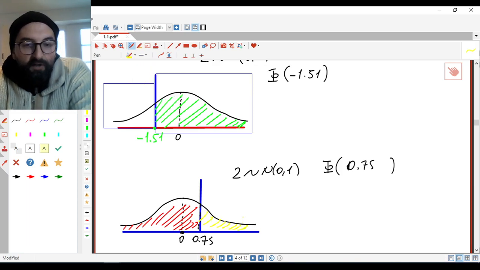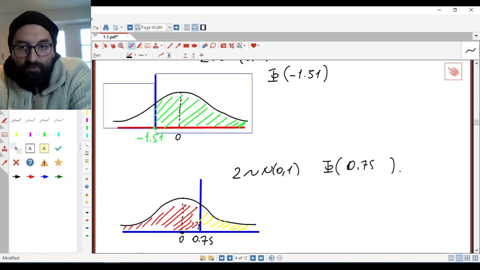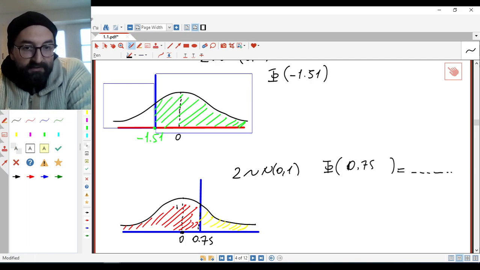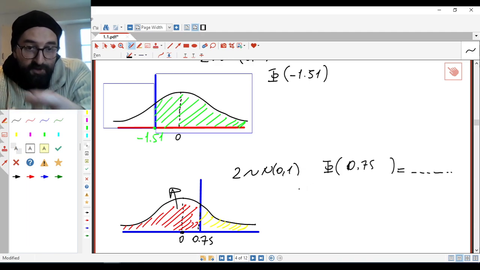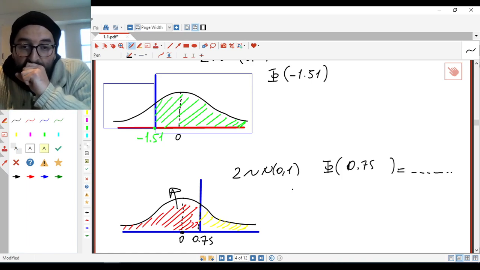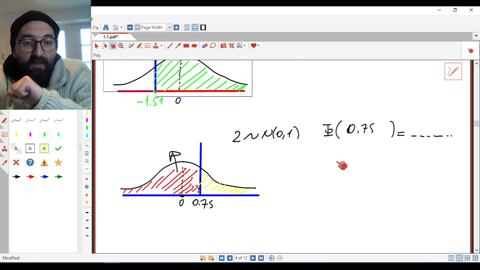If you look at the Z table and find 0.75, this number gives us the red area, so the big area. Every time, the number in the Z table gives us the big area. Please don't forget.